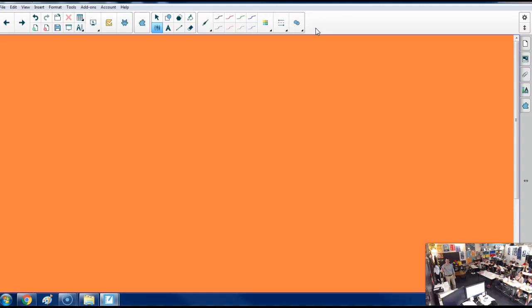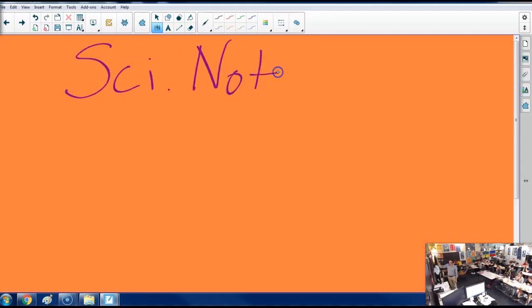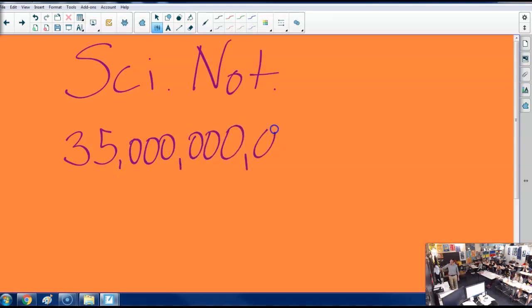We use scientific notation because sometimes numbers get too big to just use like normal numbers. Yeah, like 35 wouldn't really need to be written in scientific notation. But 35 trillion might appreciate being written in a bit of a smaller format.